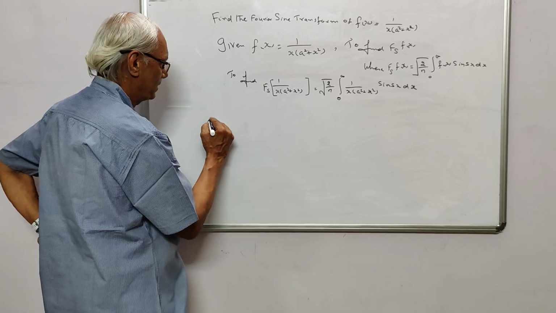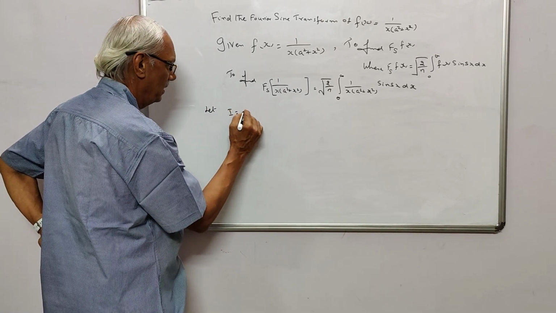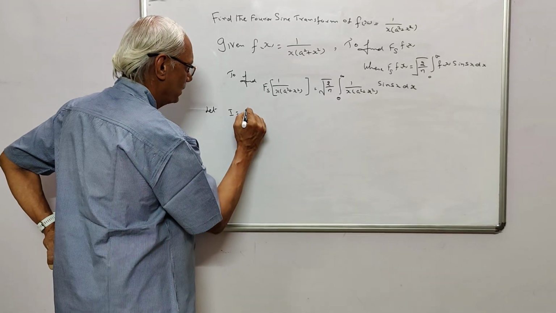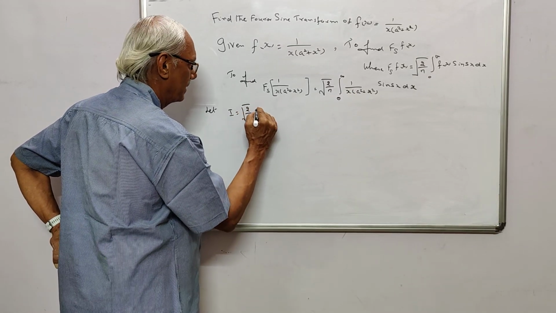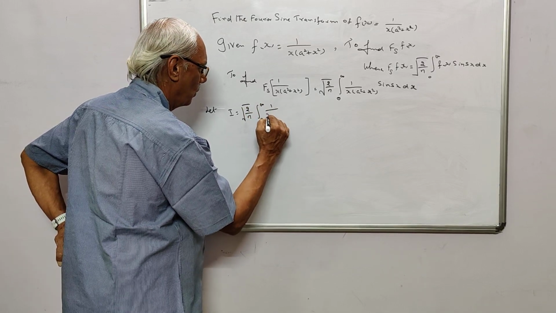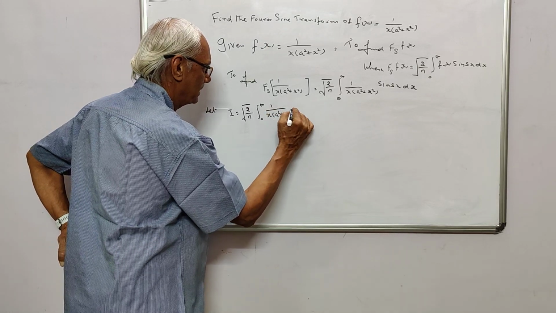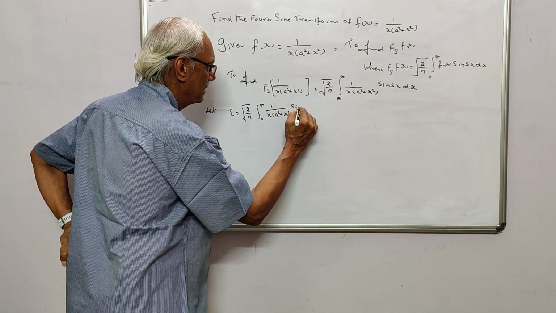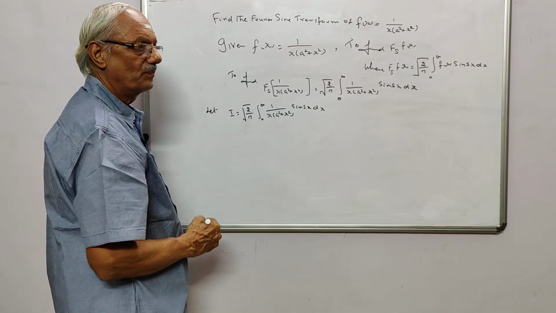Let I be equal to, this one you take, square root of 2 by pi into integral 0 to infinity 1 by x into a squared plus x squared sine sx into dx.